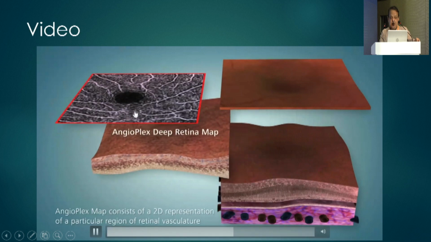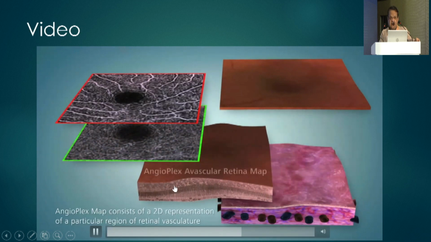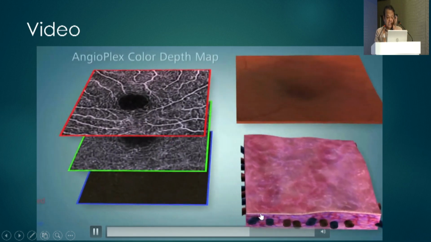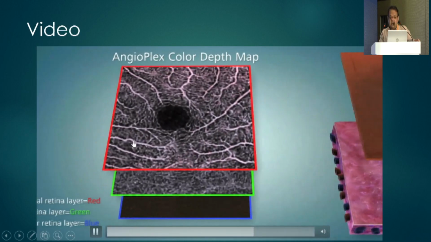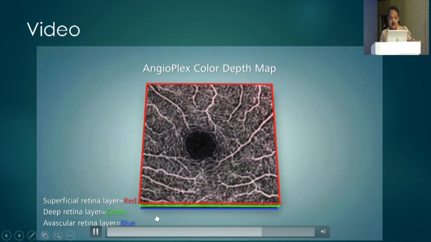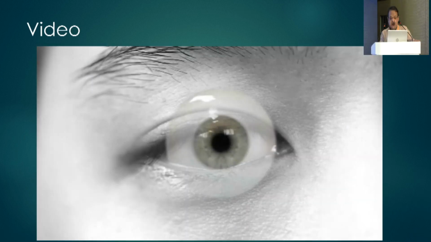You can see multiple layers. This is the superficial layer, this is the deep retina, and this is the avascular layer, and you have the choroid and the choriocapillary layers. There is a color coding. Red is for the superficial, deep retina is green, and avascular retina is blue.